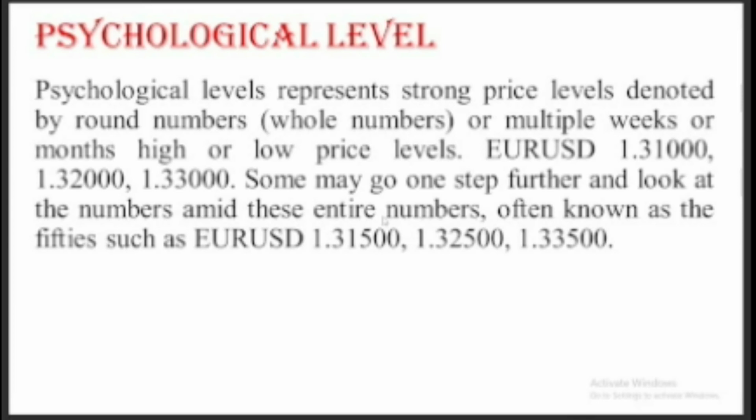Some may even go a step further and look at the numbers that fall in between the psychological levels of hundreds. Those are the numbers that we call the 50s. So some people do their psychological levels based on a difference of 50 pips. Are you getting it? In multiples of 50 pips. So as it is now, we have 1.3150.